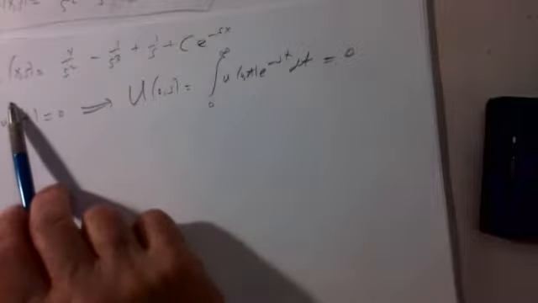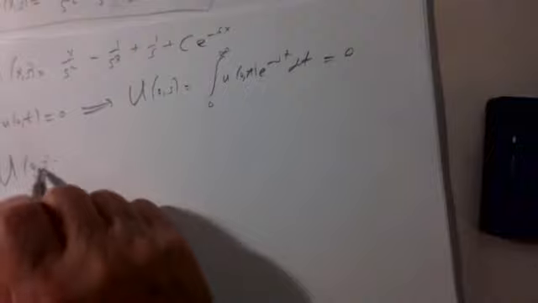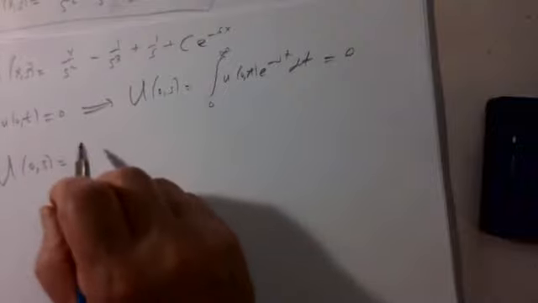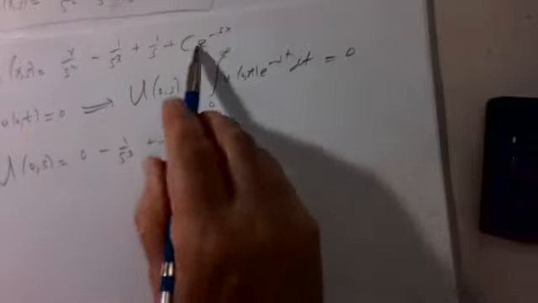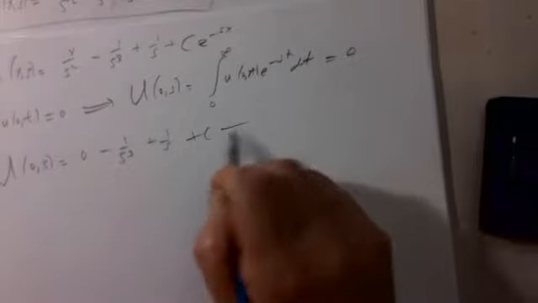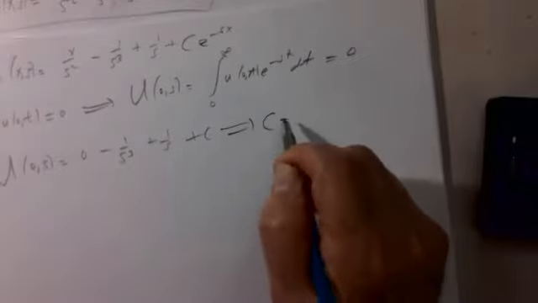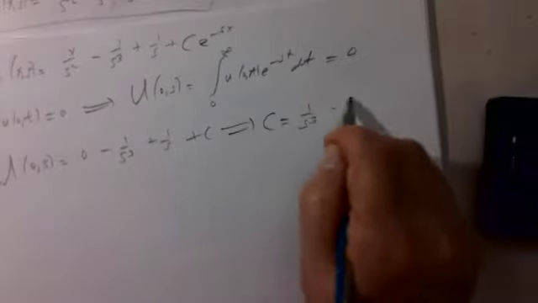So when I plug in x equals 0, I get 0 here. Capital U of 0, s is equal to 0 minus 1 over s cubed plus 1 over s plus c, which means c is equal to 1 over s cubed minus 1 over s.